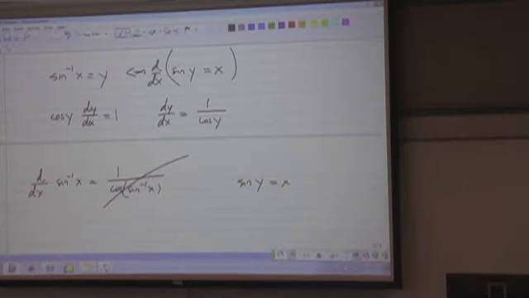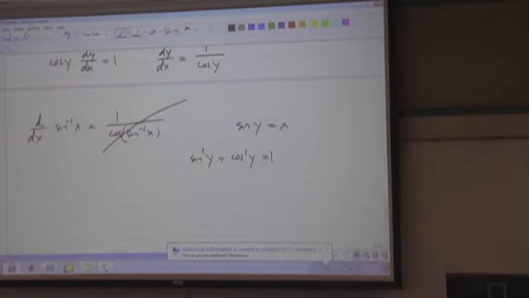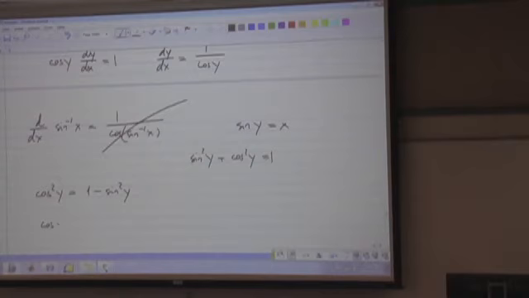Well, remember, sine squared of y plus cosine squared of y is equal to 1, from which cosine squared of y is equal to 1 minus sine squared of y, from which cosine of y is equal to plus or minus the square root of 1 minus sine squared of y. Right?